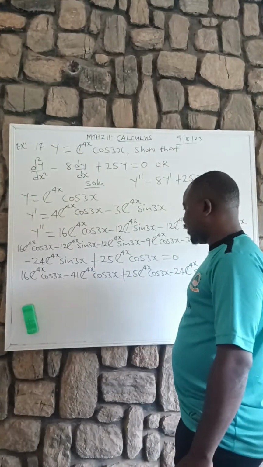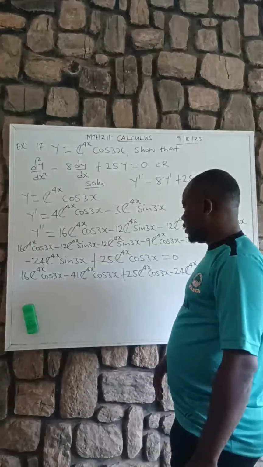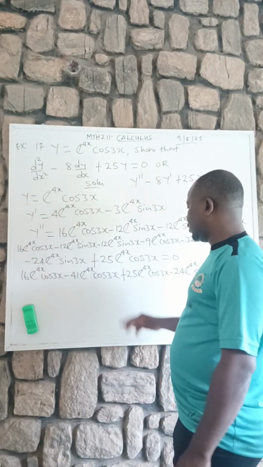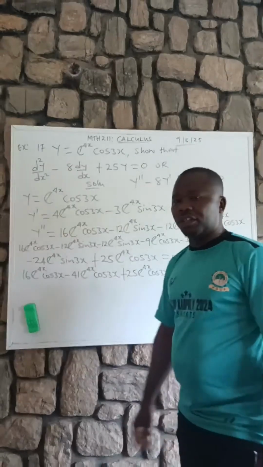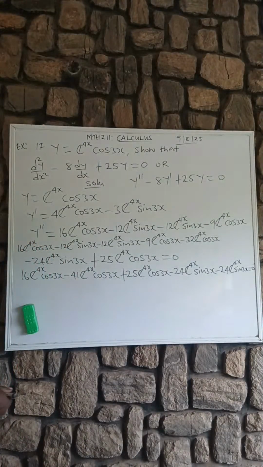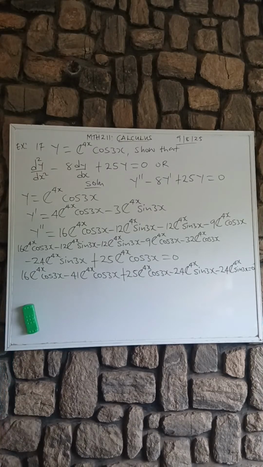This is 25. So minus 41 plus 25. What are you supposed to have? Look at it. Okay, let's look at it this way.